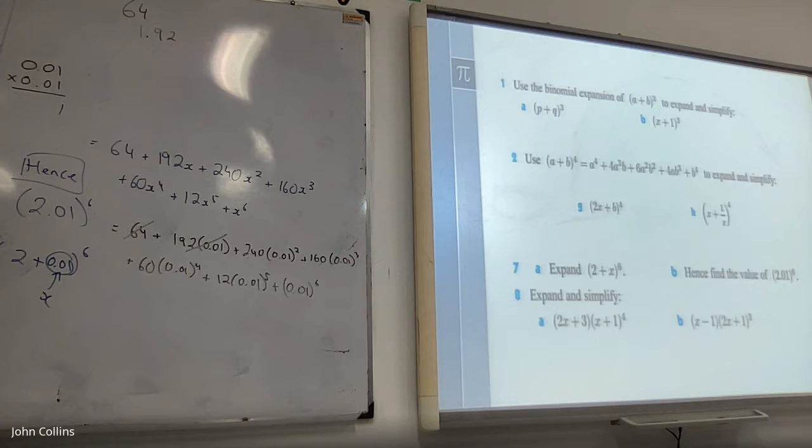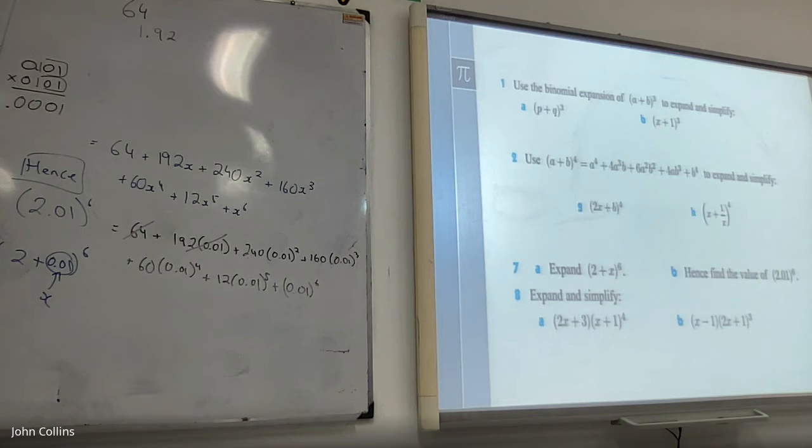How many zeros after the decimal point? 2. No, 3, yeah. If you're setting up a multiplication with 4 digits after the decimal point, your answer is going to have 4 digits after the decimal point.